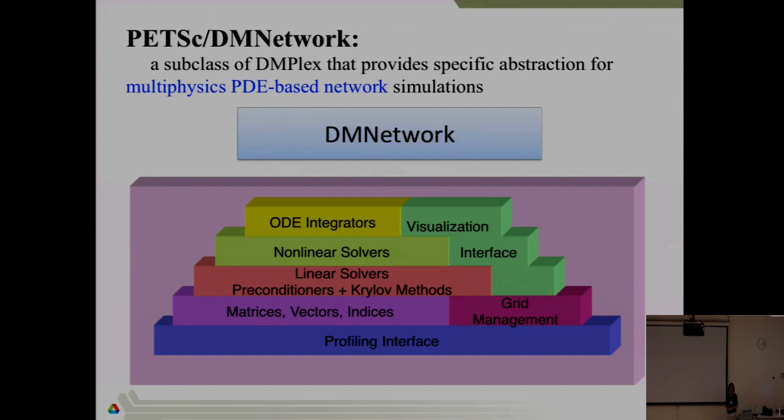DMNetwork is virtually a new class in the PETSc library. It's a subclass of DMPlex and provides a specific abstraction for multiphysics and PDE-based network applications. So the three keywords for DMNetwork are: multiphysics, and I'll show you the motivating application; and PDE-based, because there are so many packages dealing with networks.